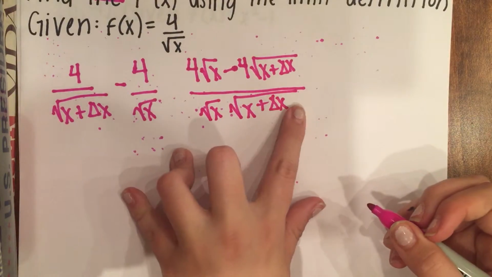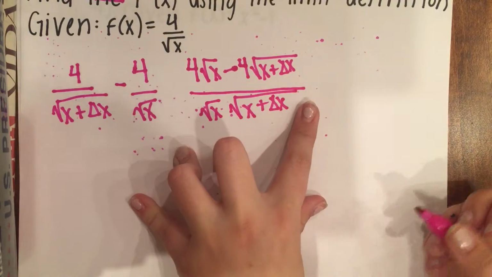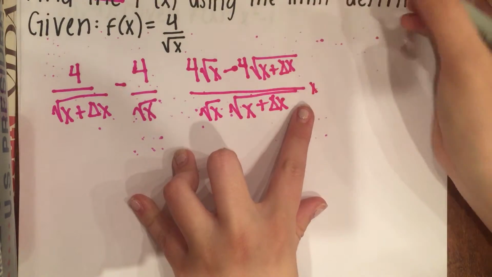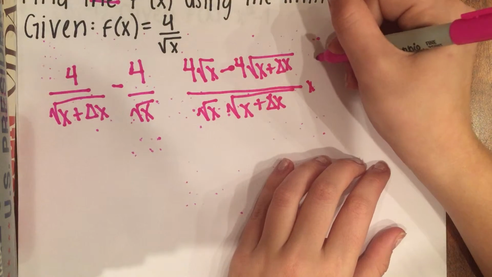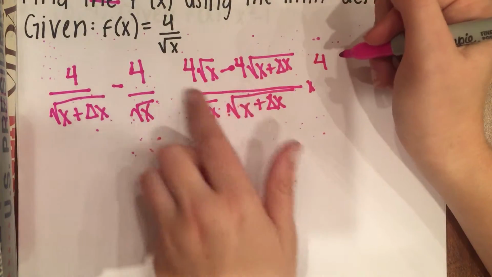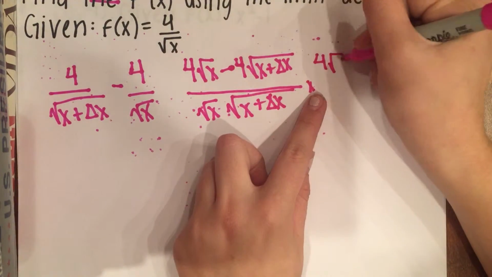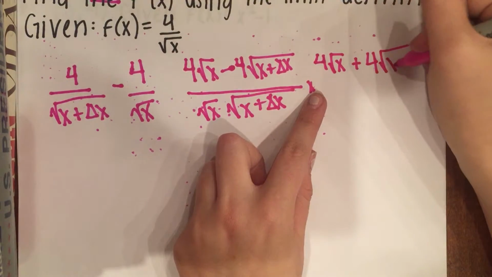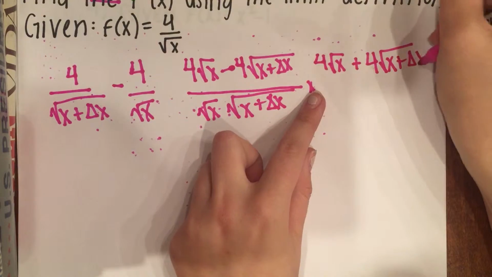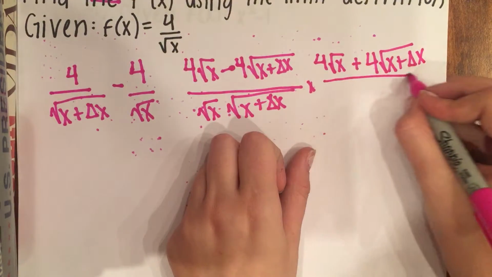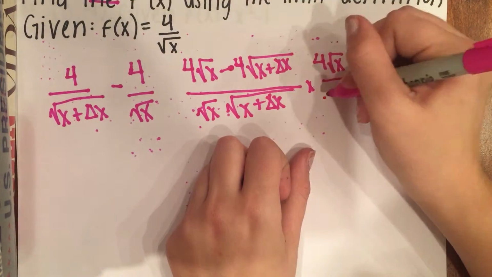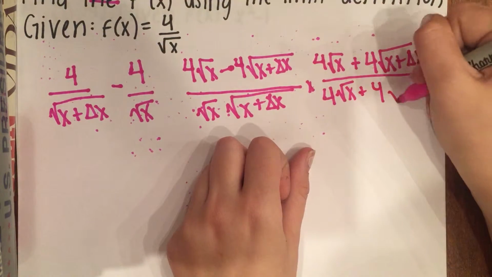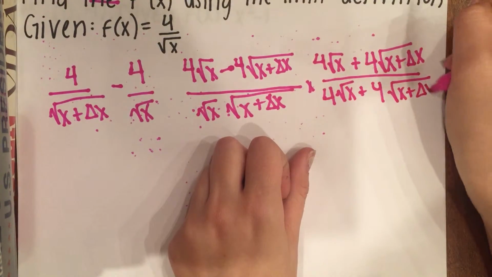Now, to simplify further here, I'm going to multiply by the conjugate, which is basically just a weird-looking one that will allow us to have a lot more simplification. So I'm going to multiply by the conjugate of this portion, which would be 4 over root x plus 4 over root x plus delta x, all over 4 root x plus 4 root x plus delta x.